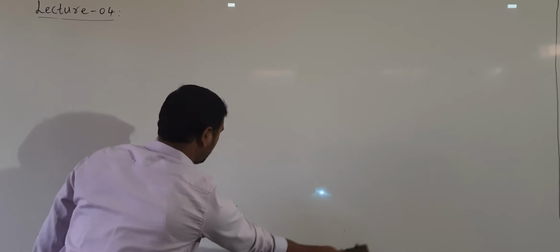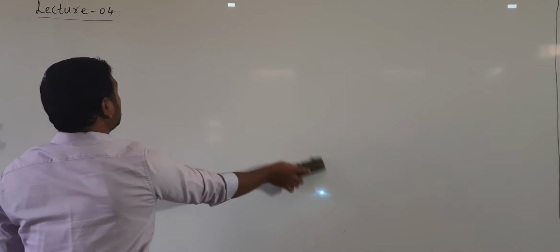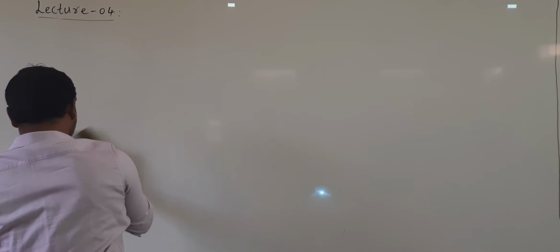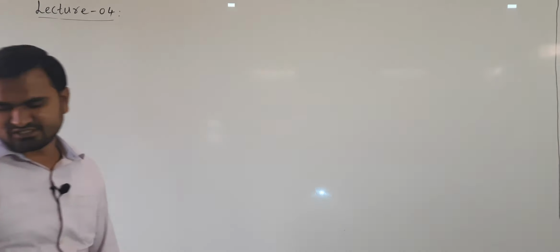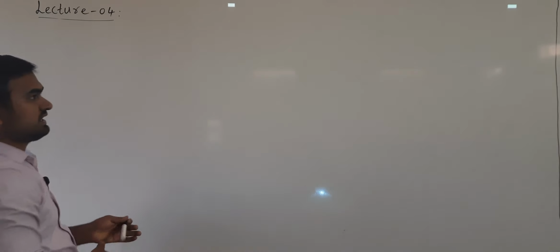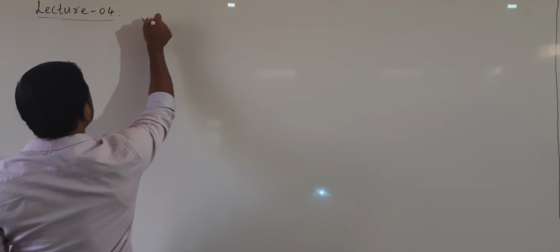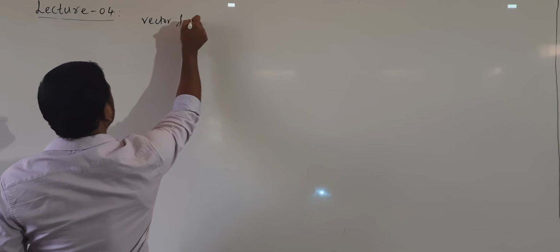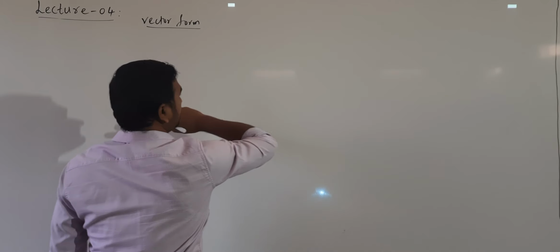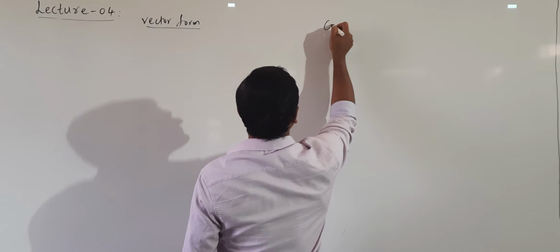Right. Now we will write in both the forms, that is in vector form and Cartesian form, and how do we write the angle here. Okay. So, first I will write in vector form. Next here I will write Cartesian form.